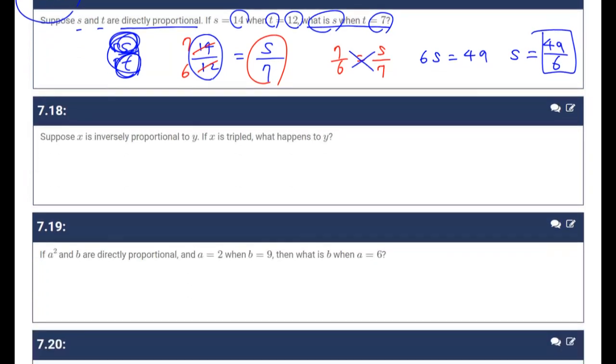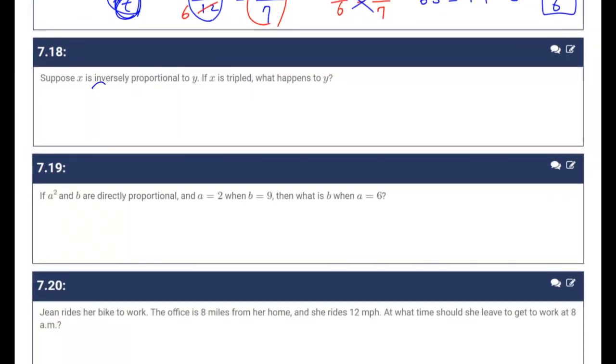Well, this time it is inversely proportional. So x and y are being multiplied this time. More of x, less of y, to make the product the same. So when x is tripled, well, the product always has to be x times y, xy, right? But when x is tripled, what should happen to y? Well, we have to get rid of this to make it back to xy.